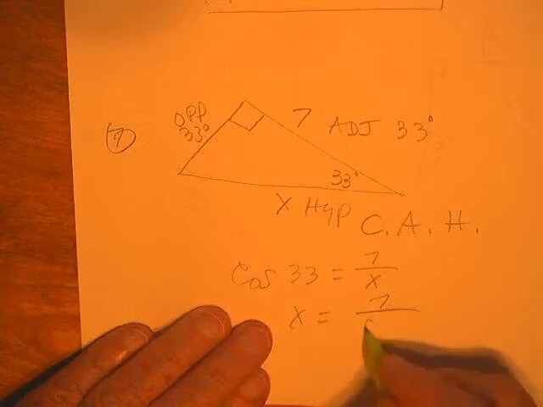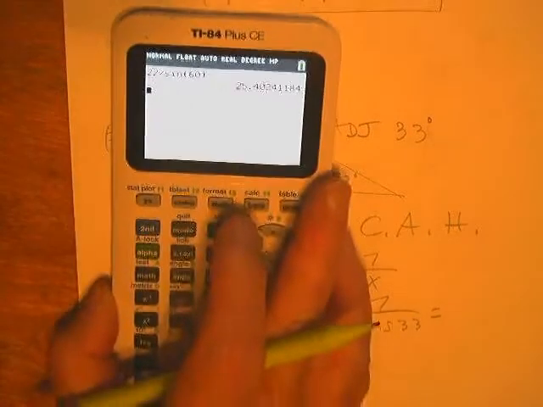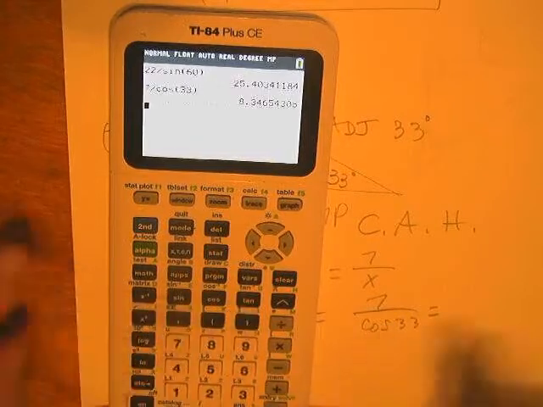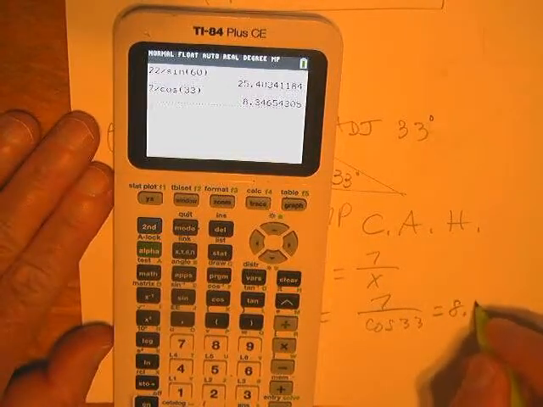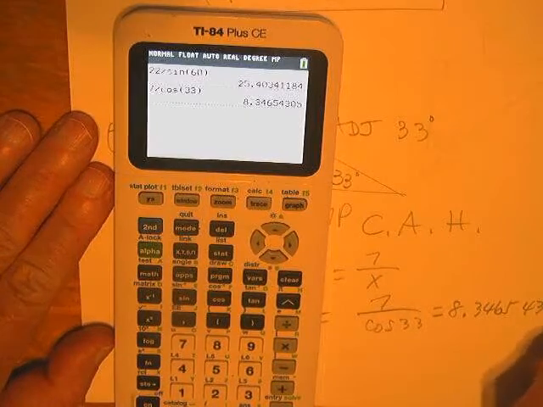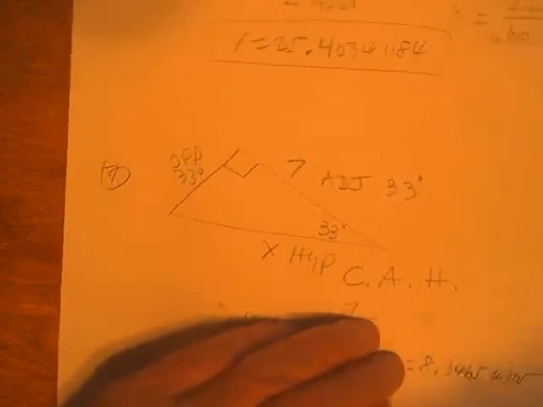Switch those two around again. Calculate. 7 divided by cosine 33, enter. 8.3465 4305. Ding, we're done on that one, so write it down. Moving right along.